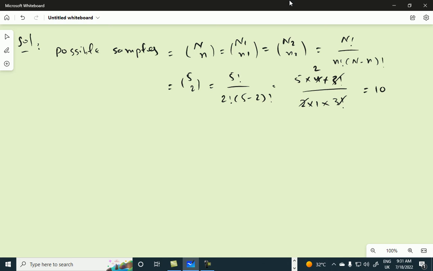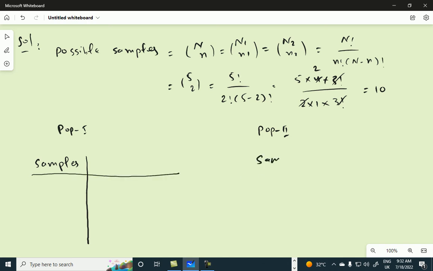Let us bring these possible samples up front. This is population 1 and here is population 2. Population 1 is 2, 4, 6, 8 and 10.